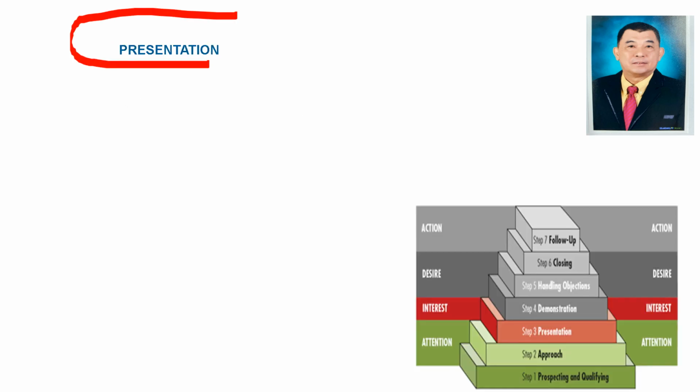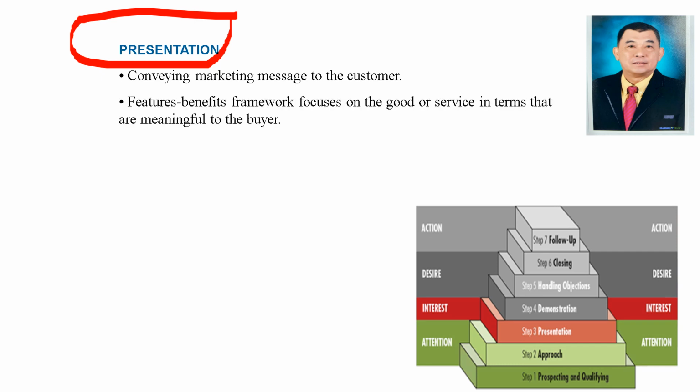The presentation is conveying the marketing message to the customer. You must really understand the features and benefit strategy of your product, focusing on the good or service, and be mindful of customer response and adjust accordingly. So that is basically the presentation, in which you create interest.